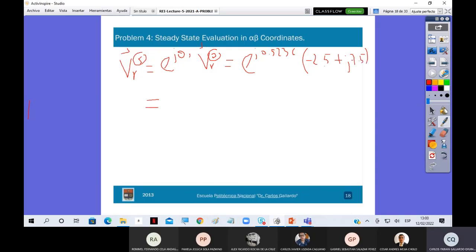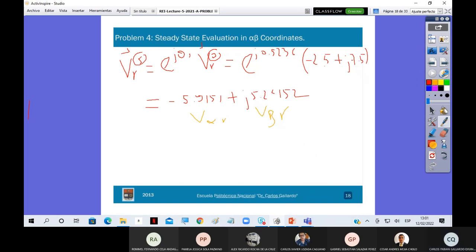So this is equal to negative 5.9151 plus j5.2452. Okay, so this is the alpha coordinate, and this is the beta coordinate for the rotor.